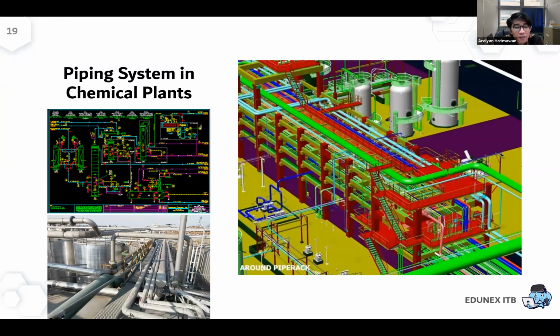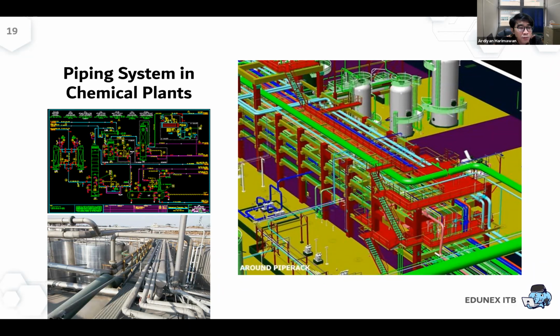Another place where you can apply this after you graduate is, of course, a chemical plant. When you go to a chemical plant like this one, you can always see that the pipeline system or piping system in chemical plants is very complex.